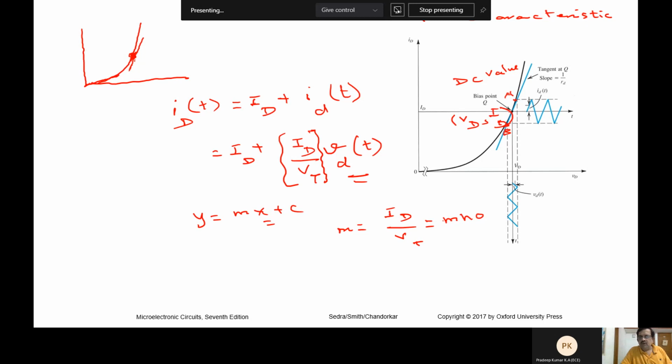The slope of the linear segment between point A and B is given by the slope of the tangent drawn with respect to the DC bias point. What does that tell you? It tells you that as long as your operating point is between point A and point B, you are okay to perform linear analysis.